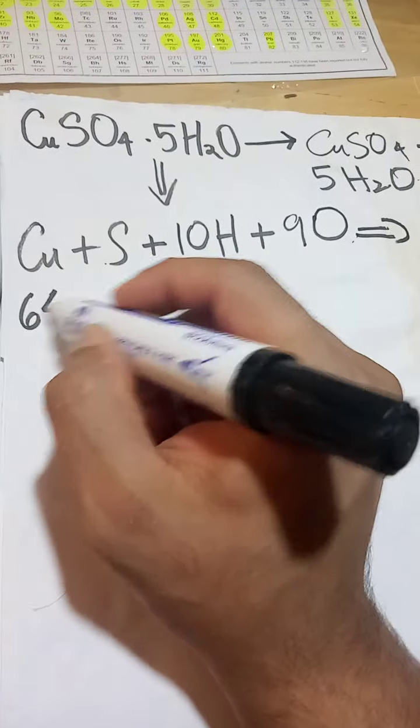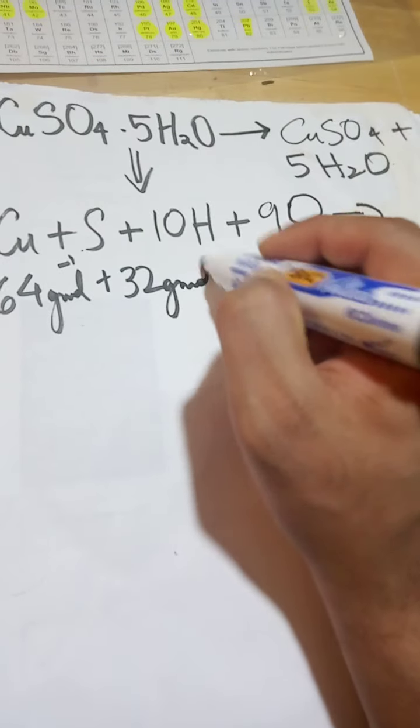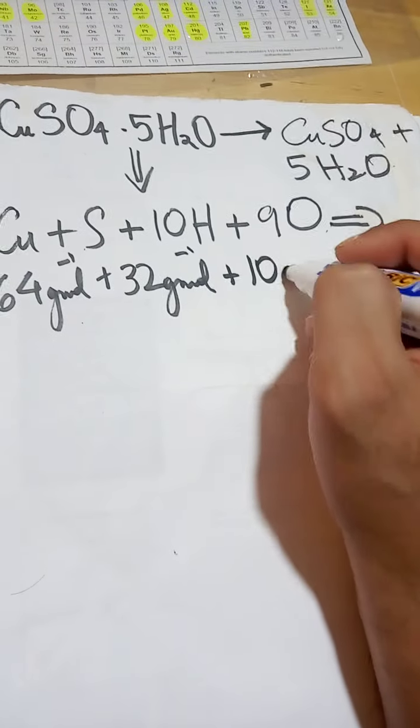So that'll be 64 grams per mole, plus 32 grams per mole, plus 10 grams per mole, plus 9 into 16 would be 160 minus 16, that'll be 144.